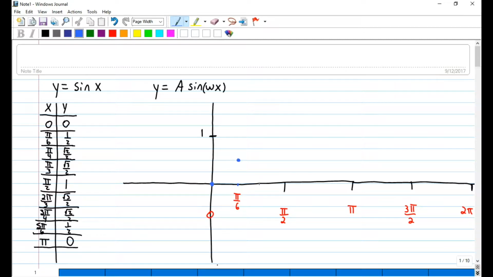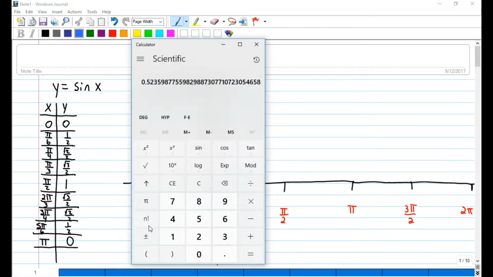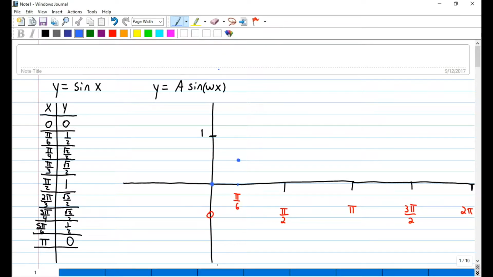Okay. The next point is pi over 4. Let's see what that is. Pi divided by 4. So that's 0.78. So, close to 0.8 or close to 0.75. 0.75 is about halfway between 0 and 1.5. So about right there, we'll say we have pi over 4.